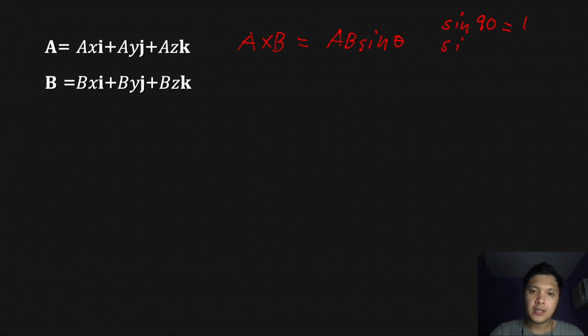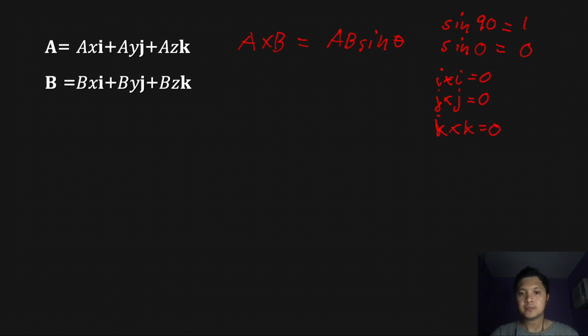If sine theta is 0, that is equal to 0. Therefore, if we have I cross I, I has the same direction as I, so the angle between them is 0, and I cross I is 0. Similarly, J cross J is also equal to 0, and K cross K is also equal to 0.